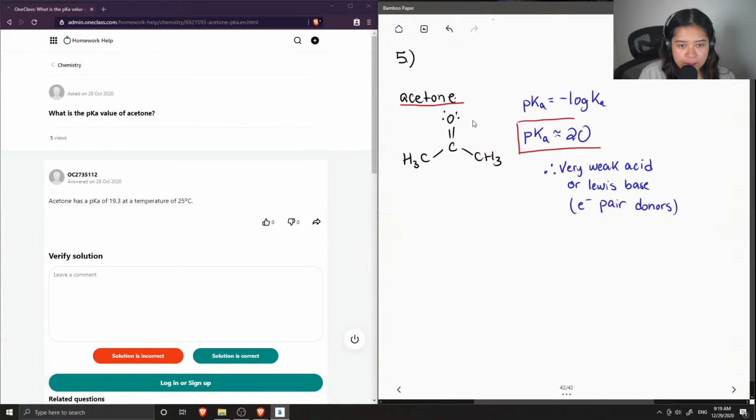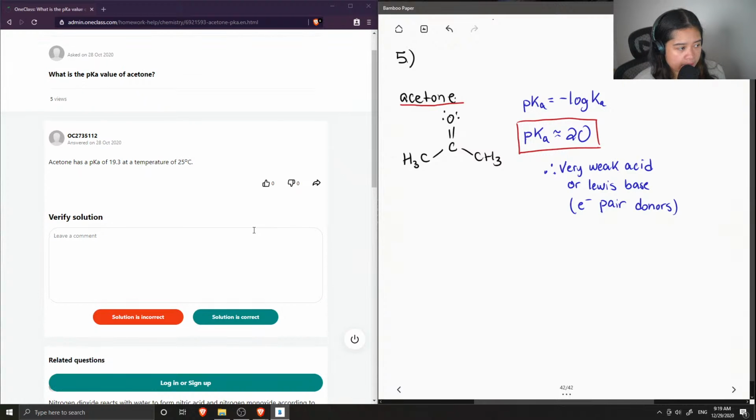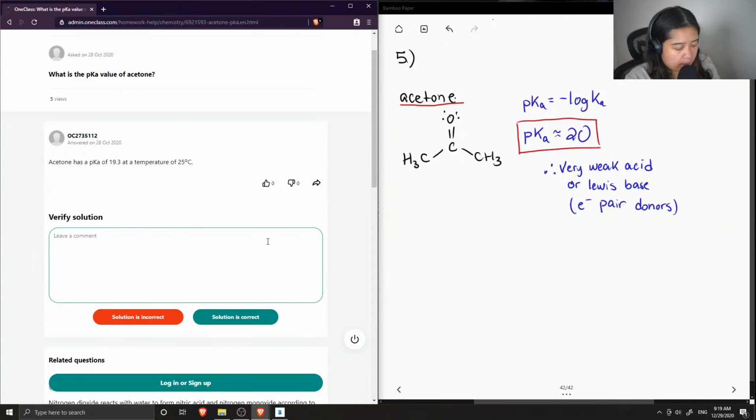Okay, and the pKa is around 20. And the junior tutor said acetone has a pKa of 19.3 at a temperature of 25 degrees Celsius. Okay, so this solution is correct.